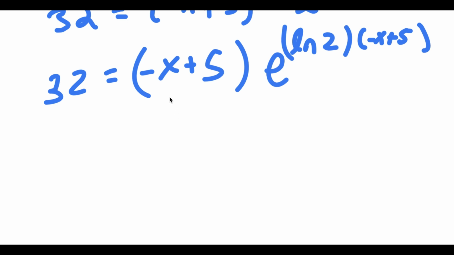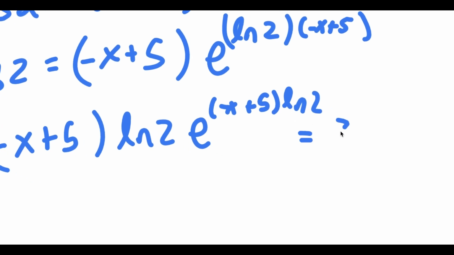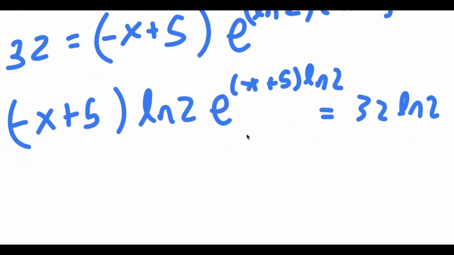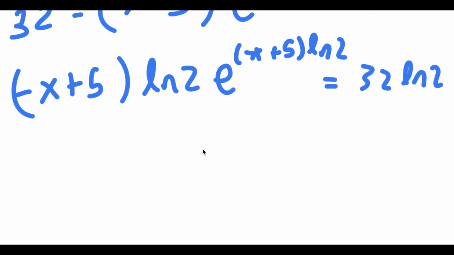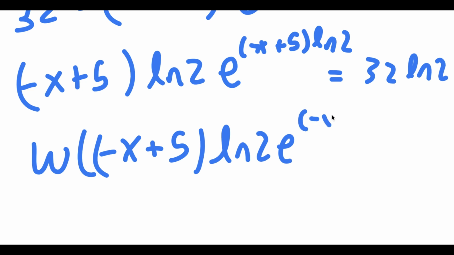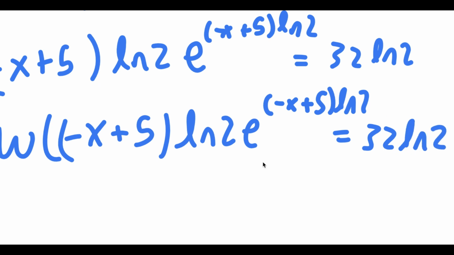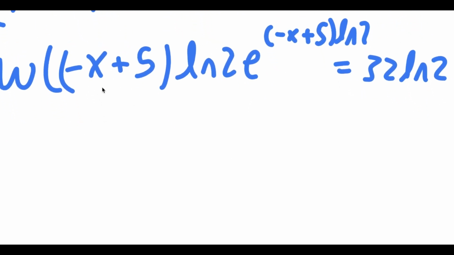And now it's the same thing as negative x plus 5 times ln 2 e to the power of negative x plus 5 times ln 2 is equal to 32 times ln 2. So I just multiply both sides by ln 2. And now if I take the W Lambert function on both sides, and if you don't know what this is, I highly recommend researching about it.